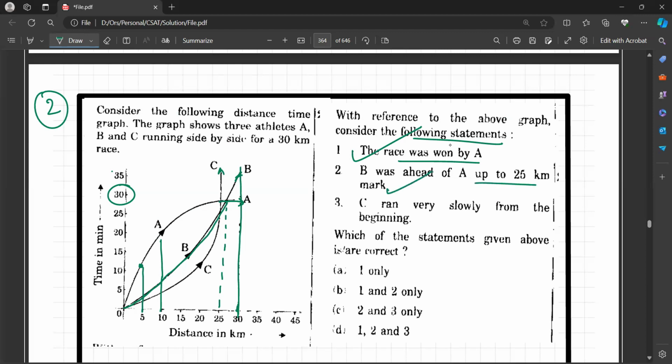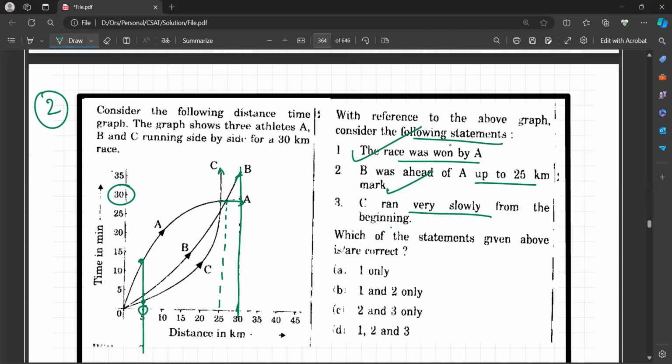C ran very slowly from the beginning. No, C was the fastest of all. Why? Because C's graph is below. Now how will you understand the lower graph? Take any time. Suppose I draw this line now. This is at the 5-kilometer mark. At the 5-kilometer mark, C took this much time, B took even higher, A took even higher. That means the higher graph took more time.